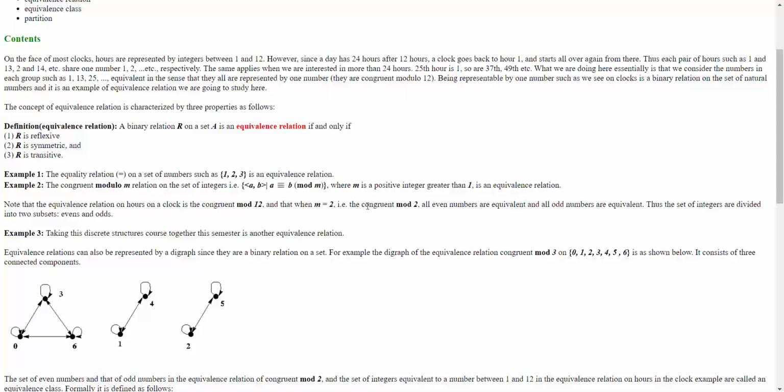And then when m equals 2, taking this discrete structure course, together. This means there's another equivalence relation.